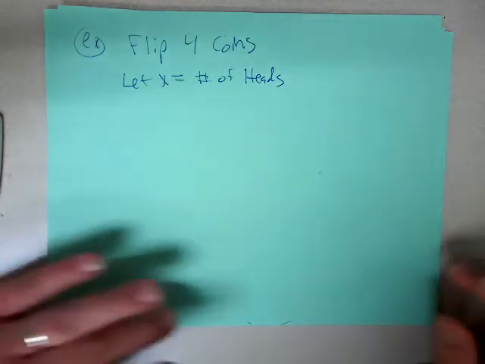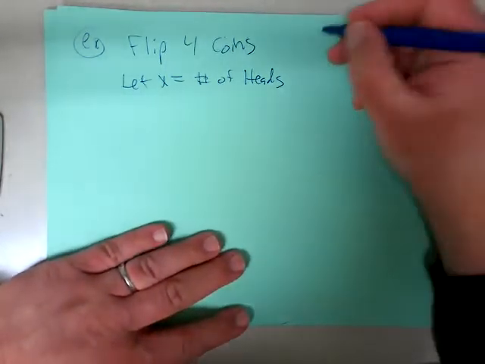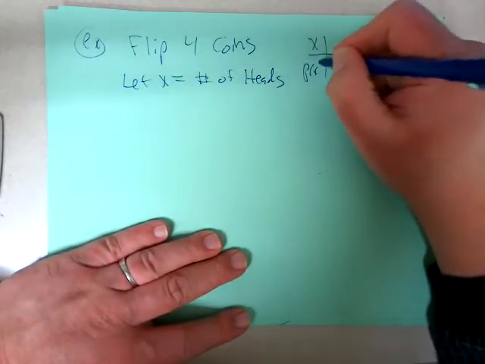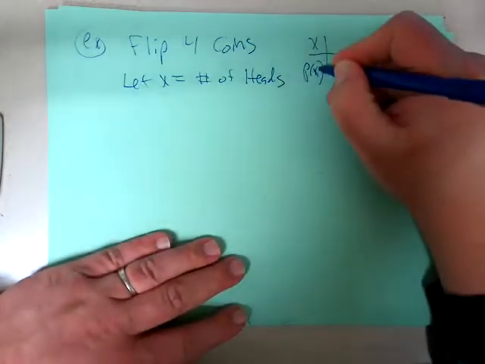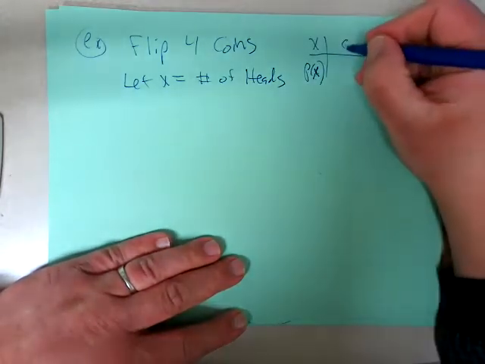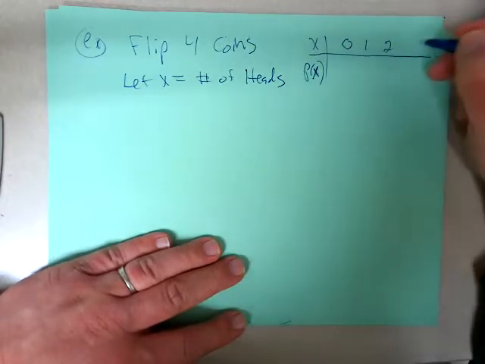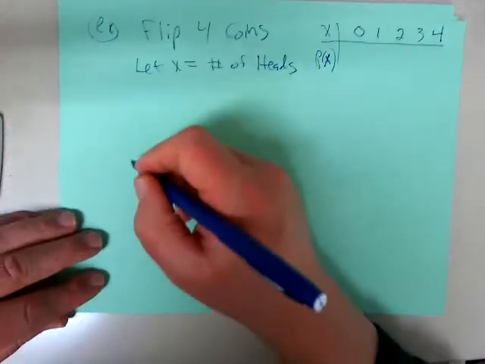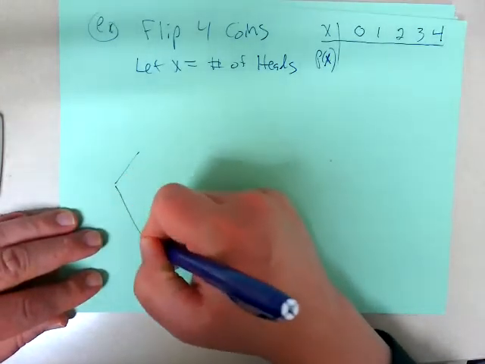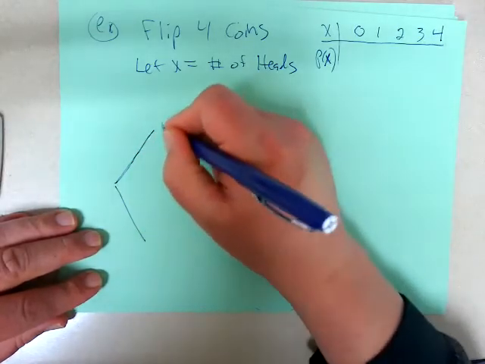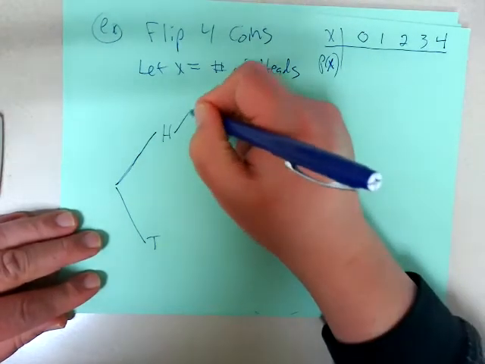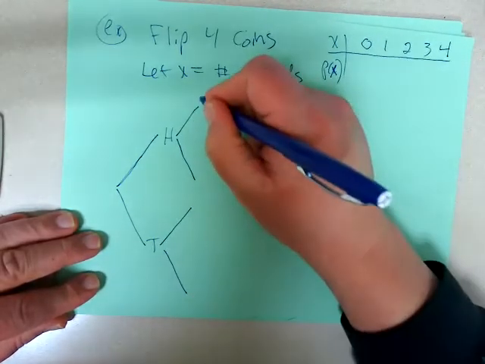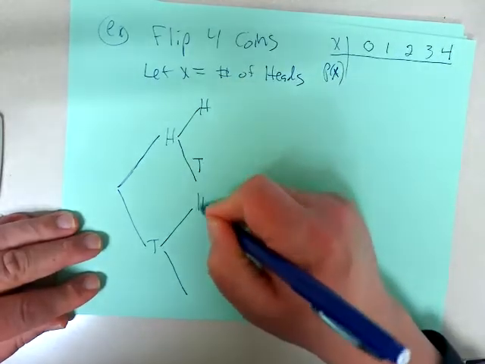Okay, so let's go ahead and see if we can get this. First of all, I'll put my probability distribution up here because I'm going to need some space for my tree diagram. The possible values will be 0, 1, 2, 3, and 4. Okay, and now to make our tree, maybe make this real wide: head, tail. This would be head, tail, head, tail.